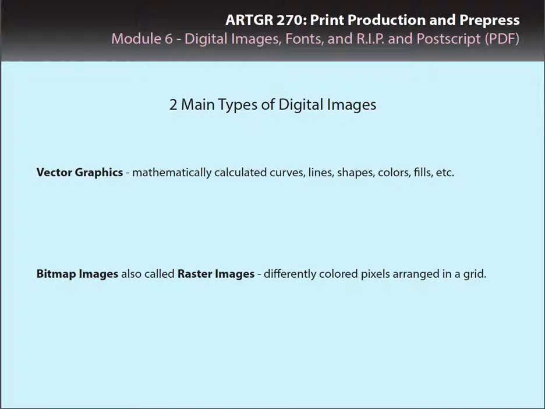The vector graphics are defined by mathematics, so they're mathematically calculated curves, lines, shapes, fills, etc. So it doesn't matter about the pixels, it just matters about what the line thickness is, where the line goes, what the fill color is, and so on. And it's all described in math, where bitmap raster images are described pixel by pixel.